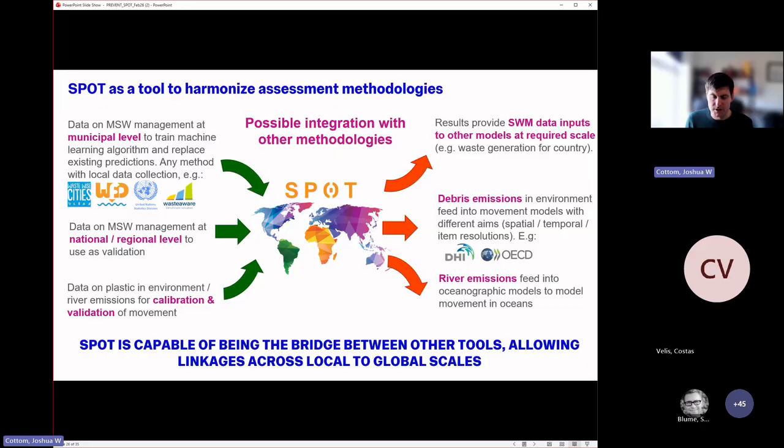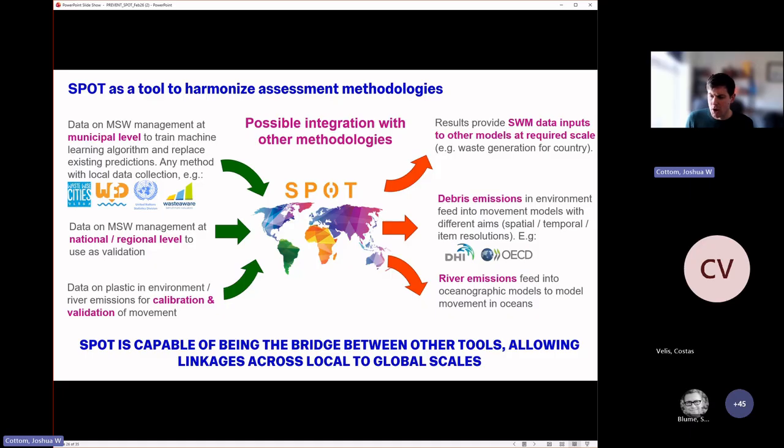We know that data availability is a real concern with a lot of methodologies. So Spot can help bridge that gap by using its machine learning model to estimate this data for places which don't have data. We can also take its debris emissions and feed them into different hydrological models that are out there. We've already done this with a few, such as the DHI risk assessment model.